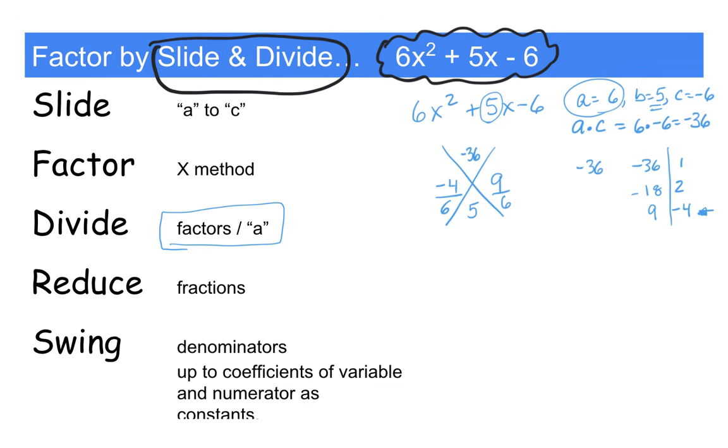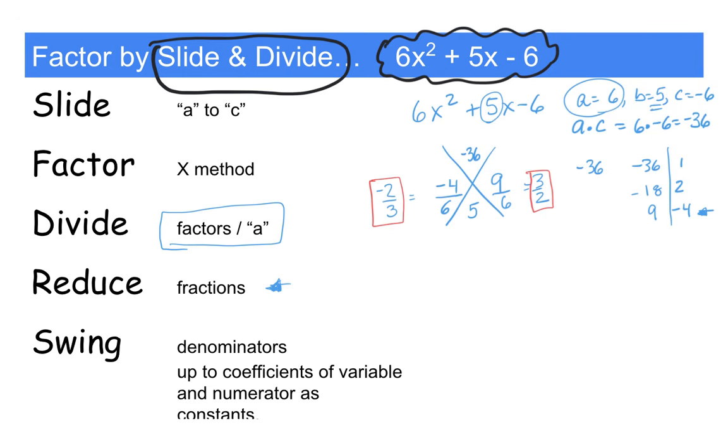I do need to simplify fractions, so I'm going to reduce fractions. That's the stage right here, R, reduce fractions. So negative 4 over 6 is going to simplify down to negative 2/3. That's where I'm landing. And 9 over 6 is going to simplify down to 3 over 2. So negative 2/3 and 3 over 2.